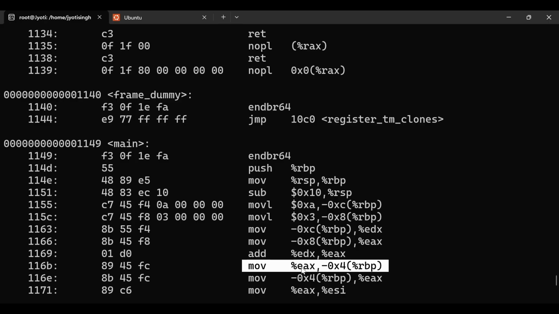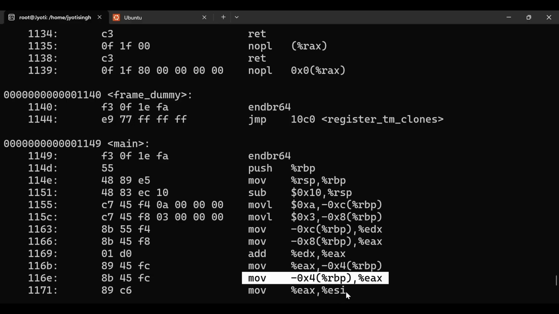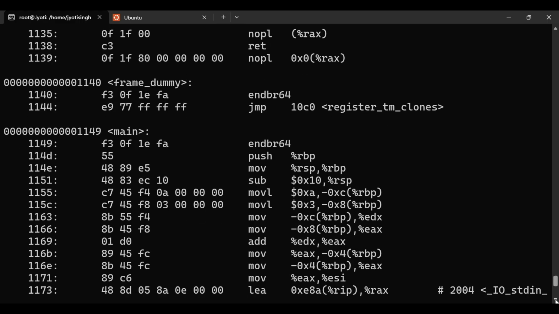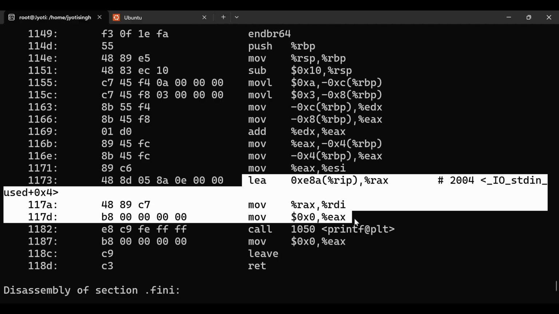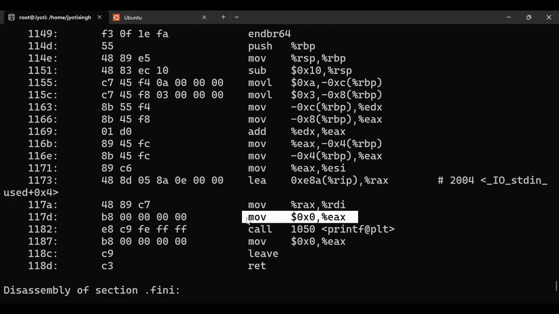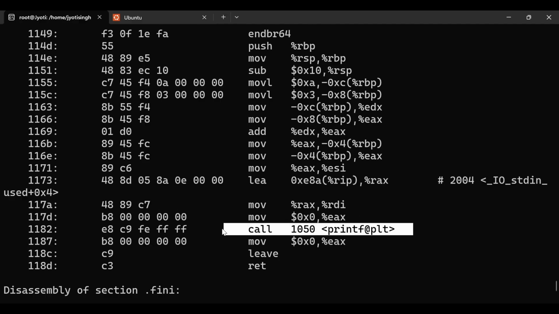Store the value of EX into this. After storing the value, we have just moved our stack pointer, doing the pop to leave, just returning from the function and calling the printf function with the values to print the statement.